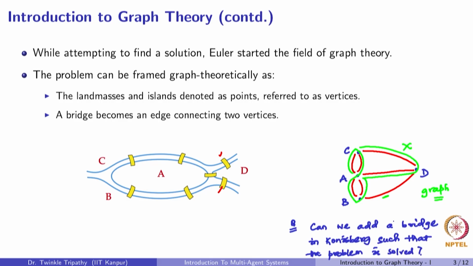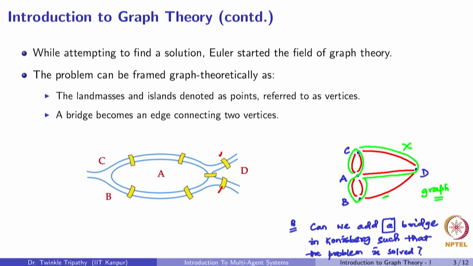So the question says we need to add only one bridge. So the answer to this question is in fact yes. It is possible to add just one bridge so that the entire city now becomes traversable in the desired manner. So where exactly should we add that bridge is something, please try it out.